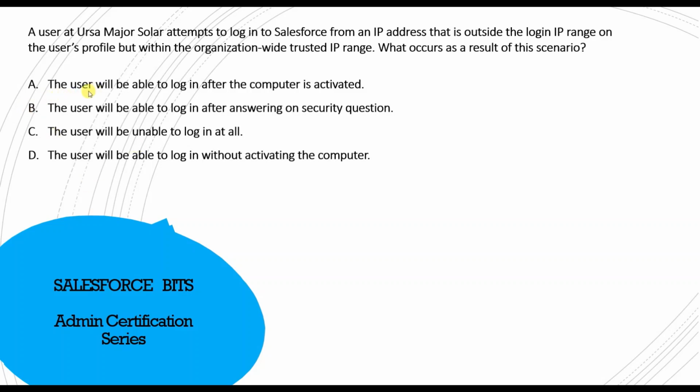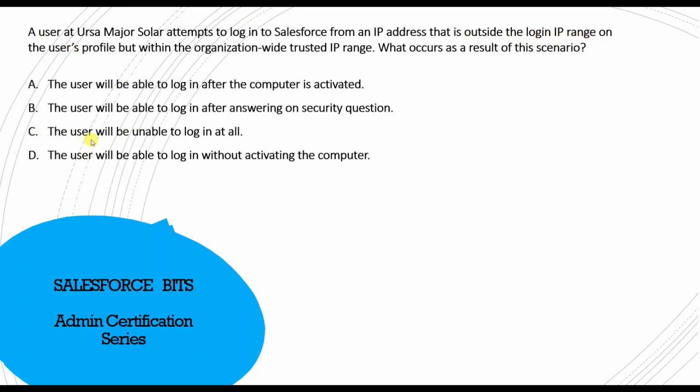So option A, user will be able to log in after the computer is activated. B, user will be able to log in after answering a security question. And C, user will be unable to log in at all. And D, user will be able to log in without activation required. Okay, here in this case, the user is logging in from an IP address that is outside the login IP range on the user's profile.